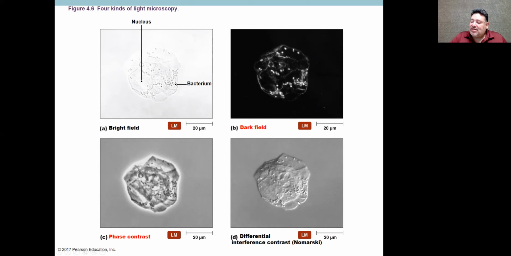So this differential interference contrast, or so-called Nomarski, is one of the best ways to view cells.